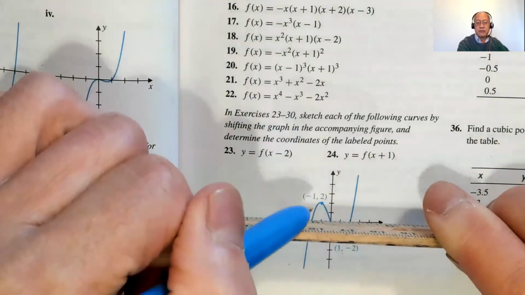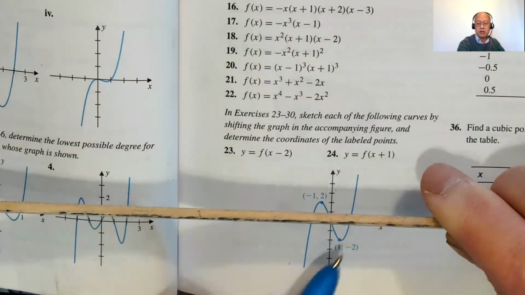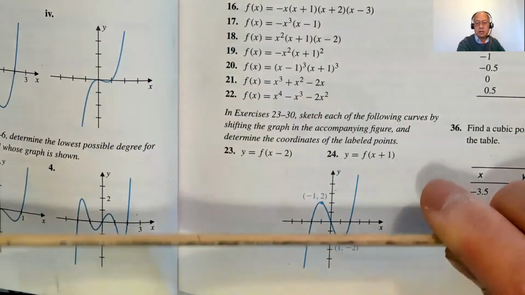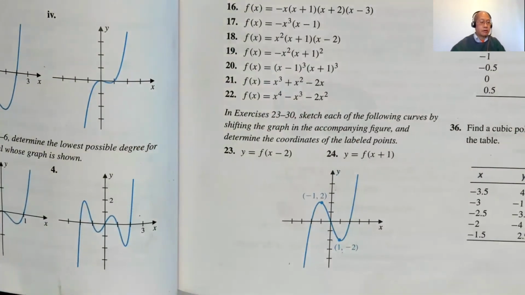This stays the same, it's above the x-axis. This stays the same, it's above the x-axis. And this one, which is a U-shape, gives me an upside down U-shape that goes something like this. I don't want to draw it here to corrupt my book, but you can see the answer in the back of the book if you're stuck on that one.